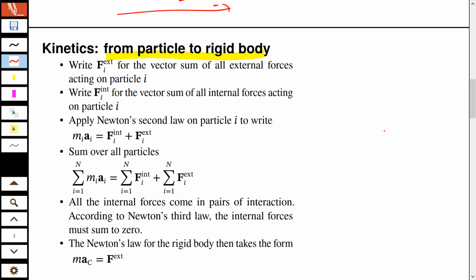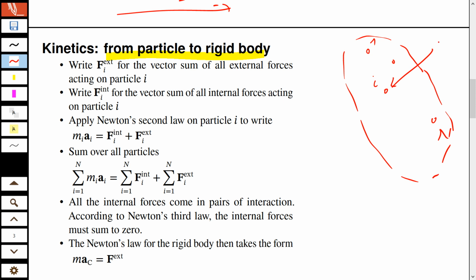So I can now go back to that picture and say, I have these different particles, 1, 2, up to n, and I just focus on particle i. On that particle, if this is the system, I can say F_i ext. This is the external force, which is the vector sum of all external forces acting on particle i.